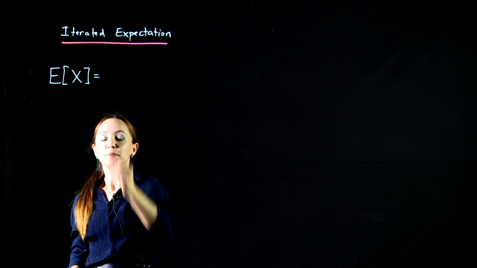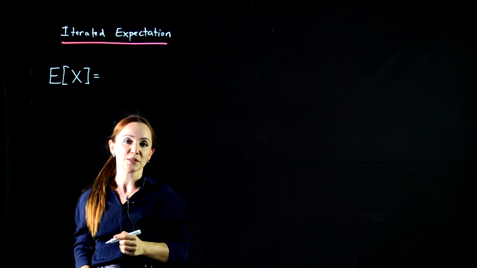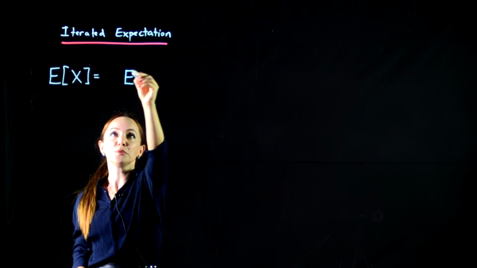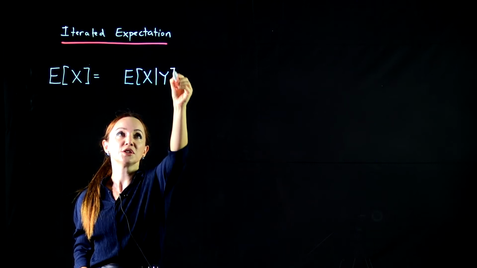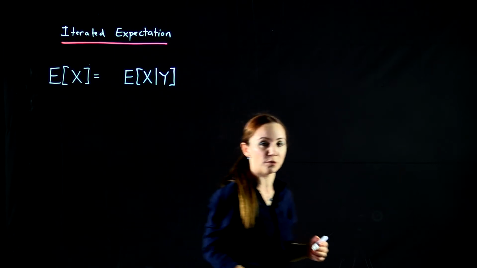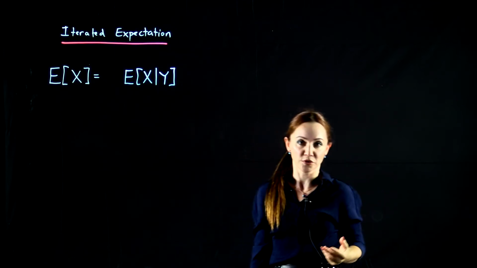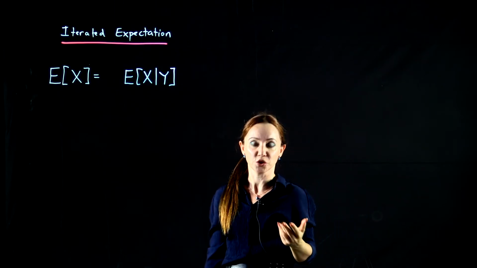So basically, it says that you can compute the expectation of random variable X by first computing the conditional expectation of this random variable conditioned on another random variable Y, and sometimes this can be an easier computation than directly computing the expectation of X.